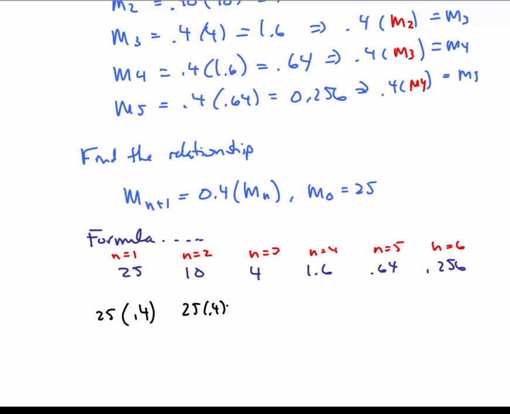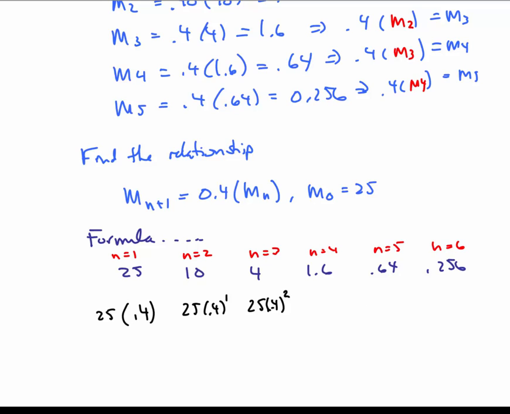And that was to the first power. Okay, so then I'd have 25 times 0.4. How did I get that? Well, I would have taken 25 times 0.4 times another 0.4, which would be squared. 0.4 times 0.4 is 0.16, 25. Yep, that works as well.